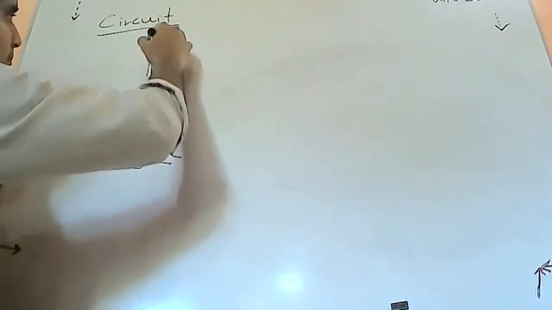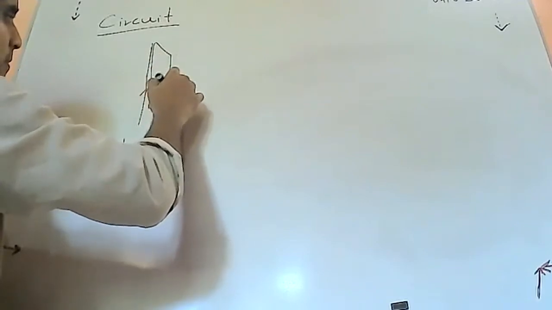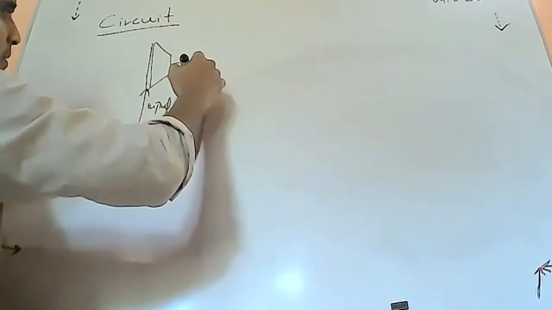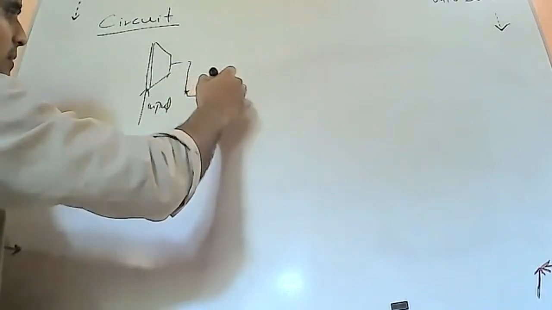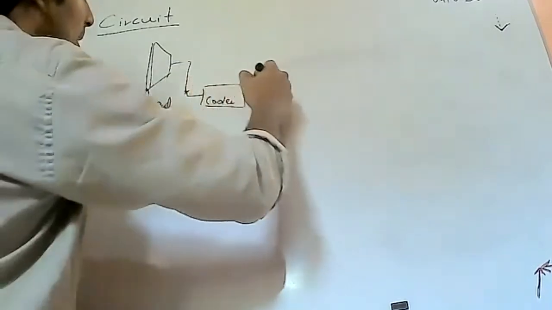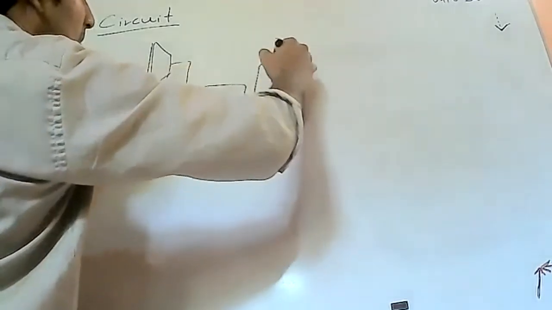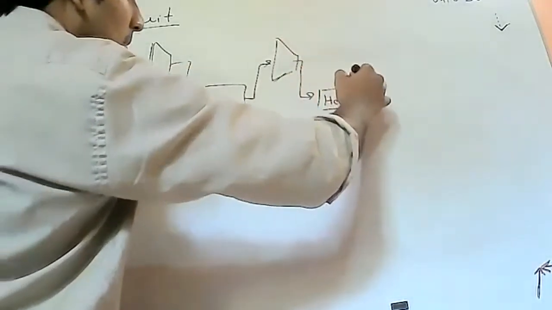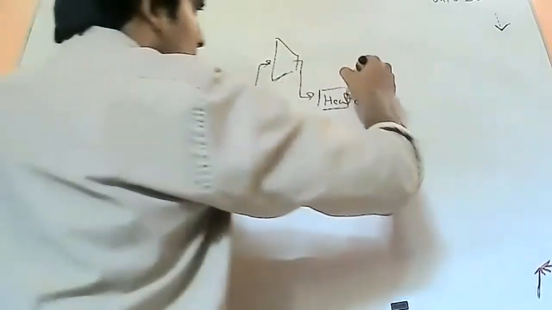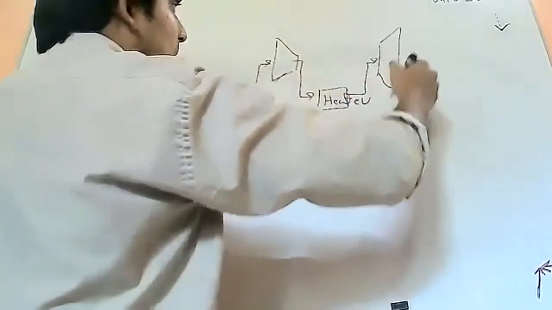Compressor input, then output through this cooler, then to the second compressor, then the combustion chamber heater, and then it is sent to the next, the first turbine.